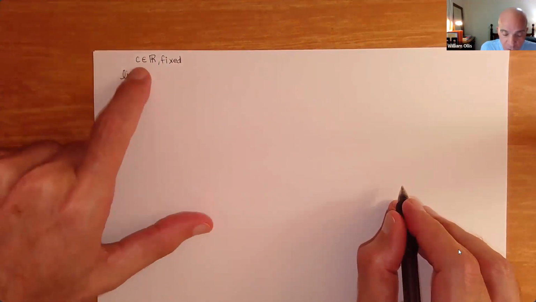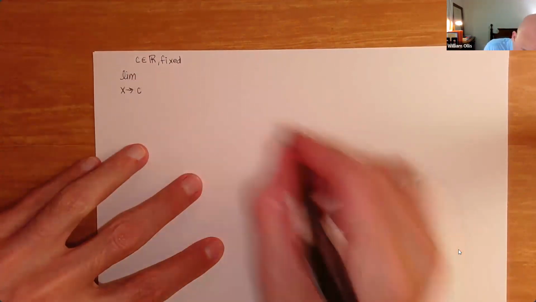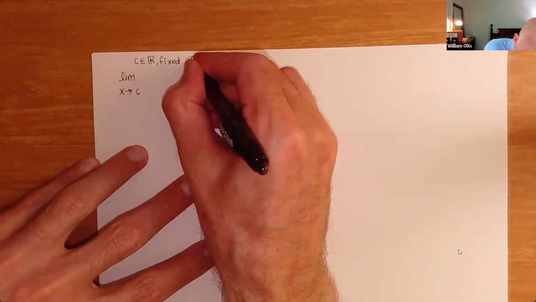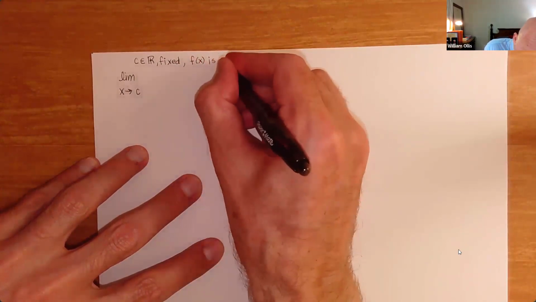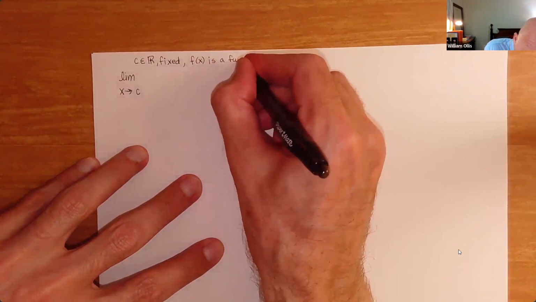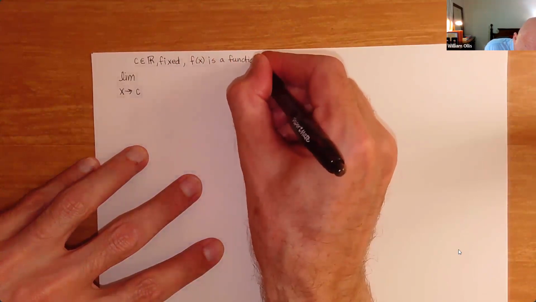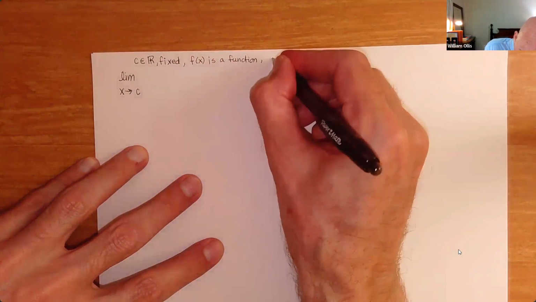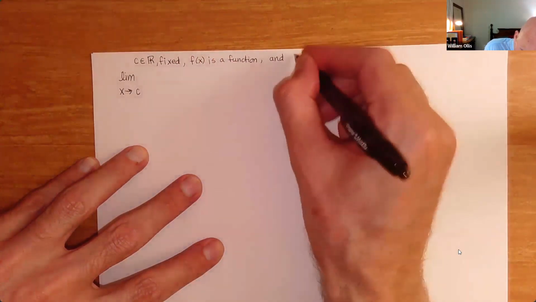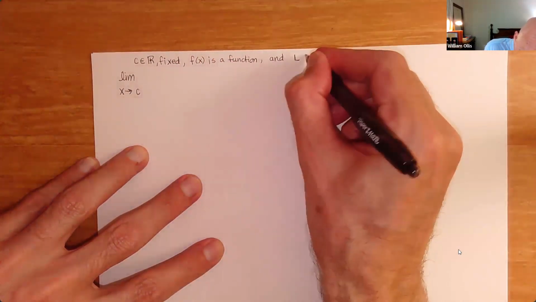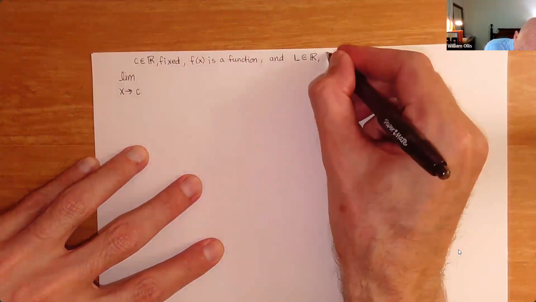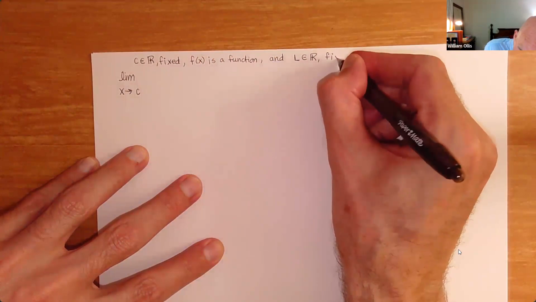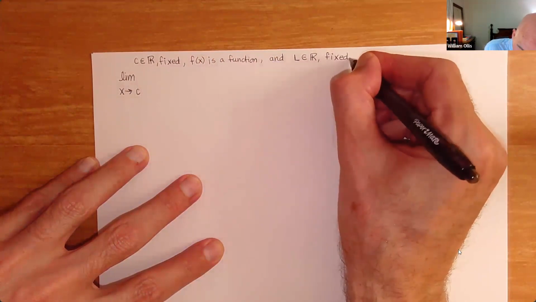So c is a real number, it's fixed. f of x is a function. And L, an element of R, is fixed. So we use L, uppercase L, for limit.